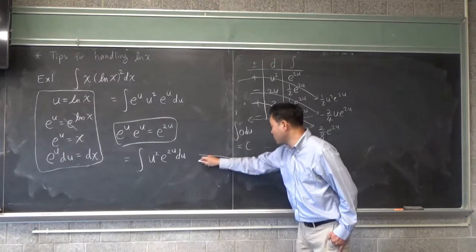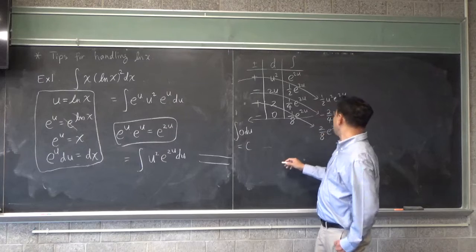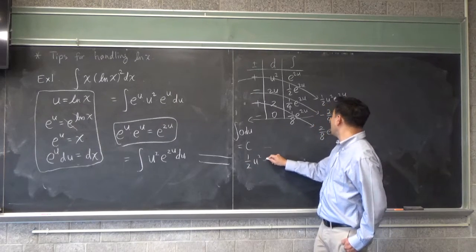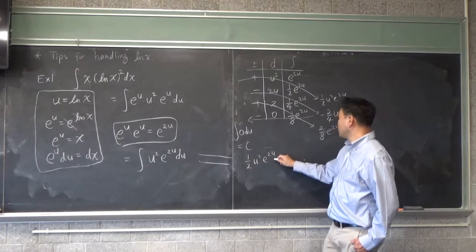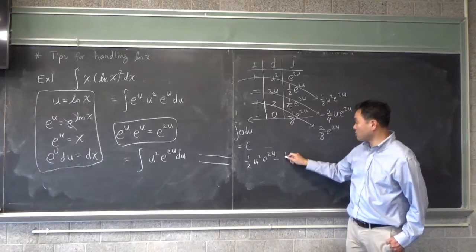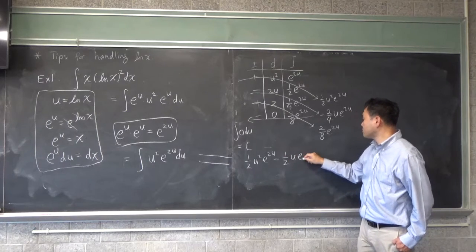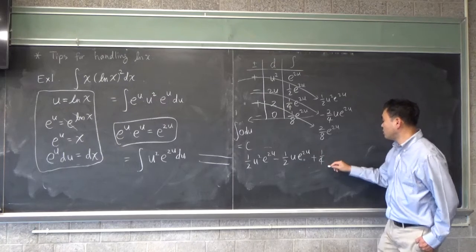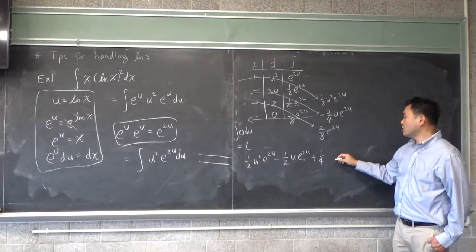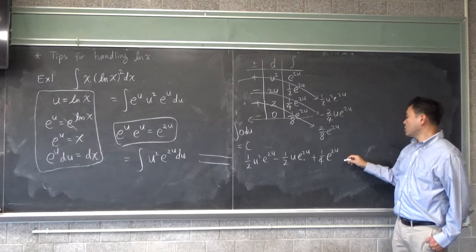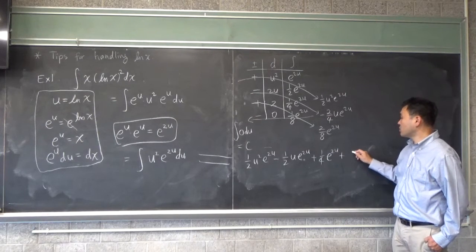So this now becomes 1/2 u squared e to the 2u minus 2 over 4, which reduces to 1/2 by dividing top and bottom by 2, plus 2 over 8, which reduces to 1/4, and then you have e to the 2u plus c.